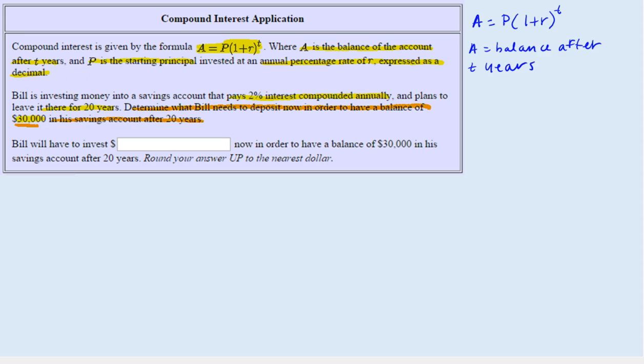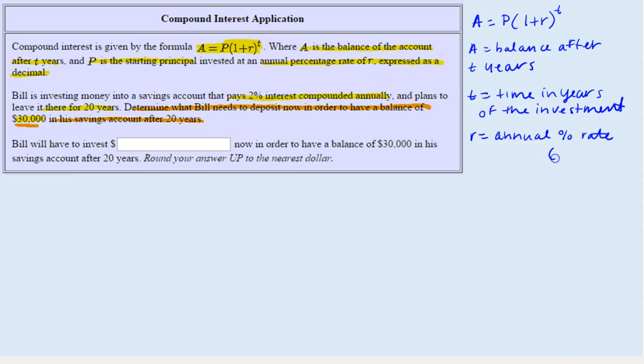Then T, which we already referred to, is time in years of the investment, so how long you're going to invest your money, and invested at an annual percentage rate R. So R is annual percentage rate.